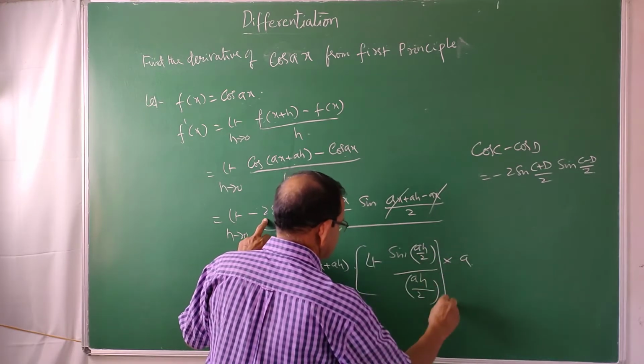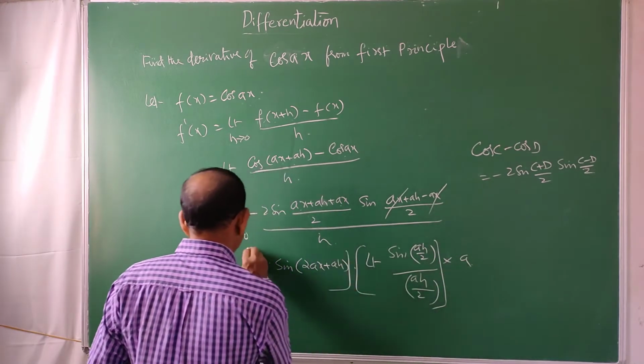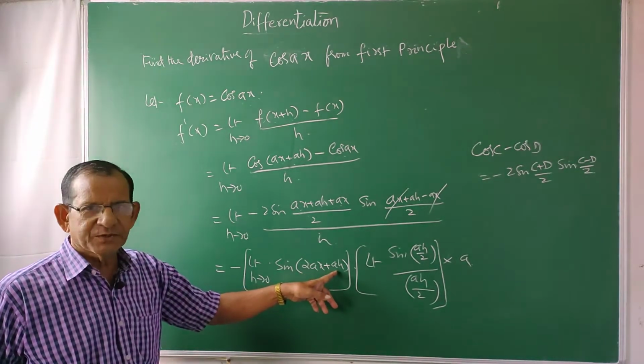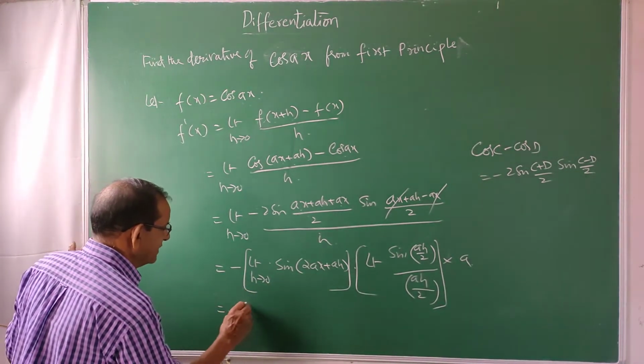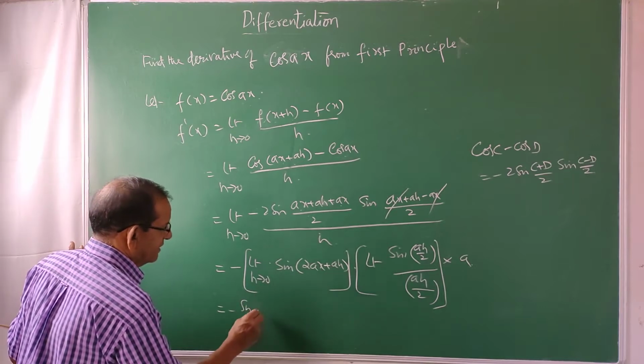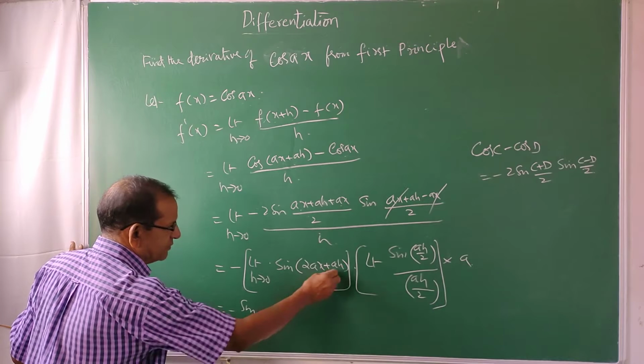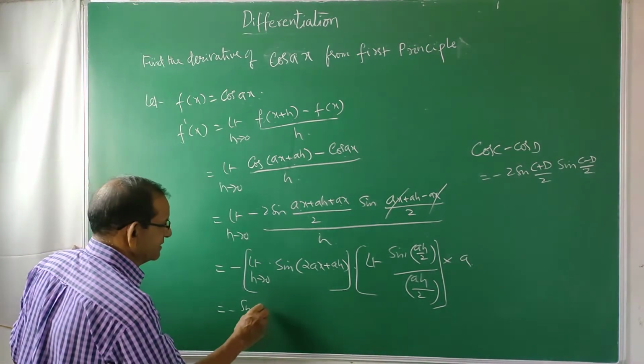Now this is a separate and this is a separate limit. Now here you can put h is equal to 0 directly. So this is minus sin (2ax plus 0), because you have to put h is equal to 0, not x.